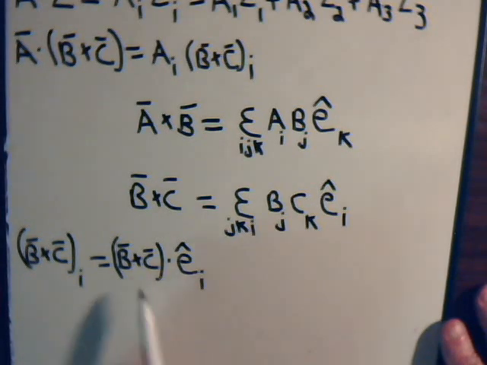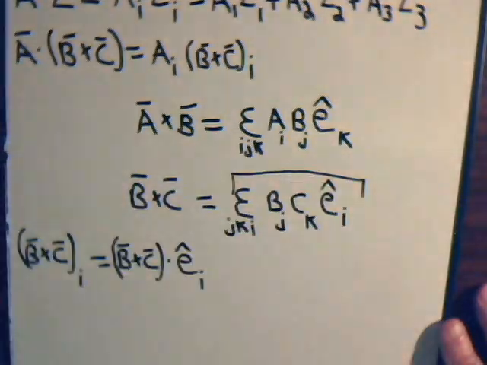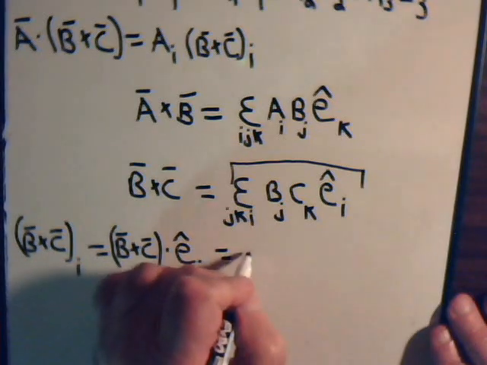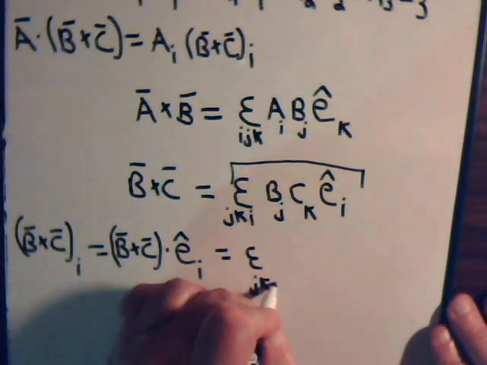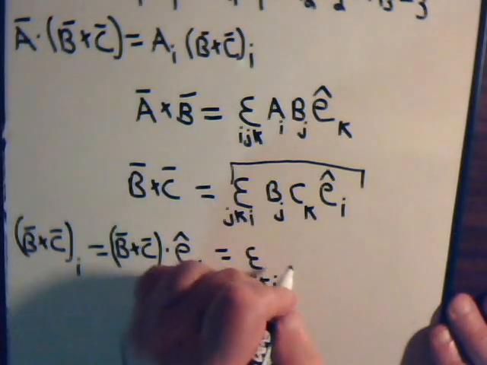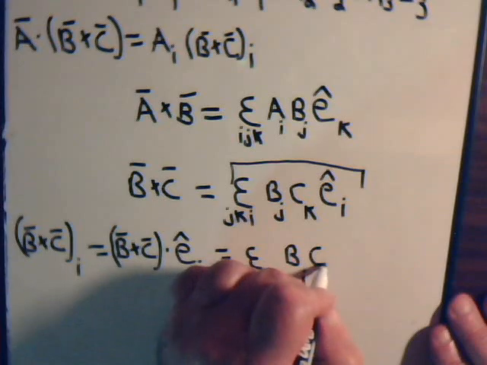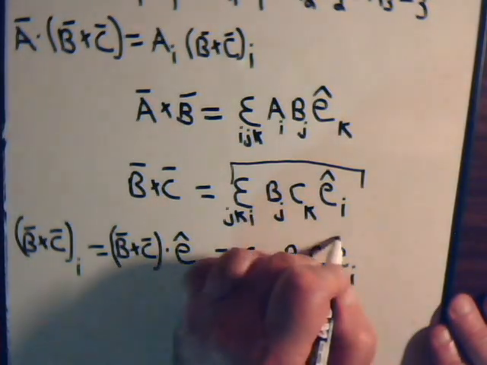So this equals epsilon J K I B sub J C sub K EI.